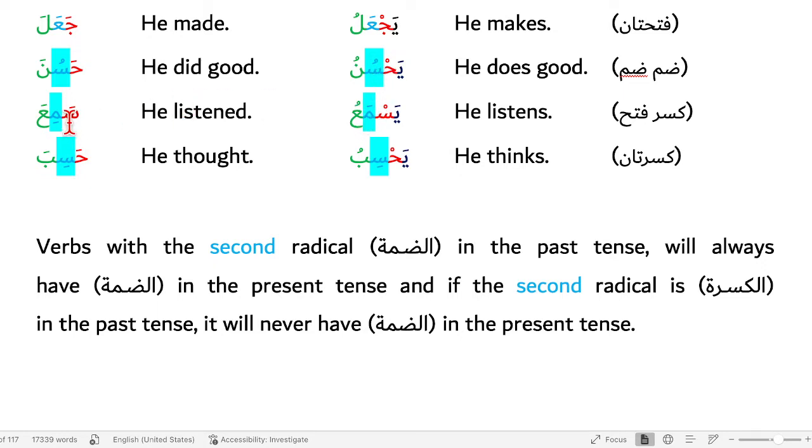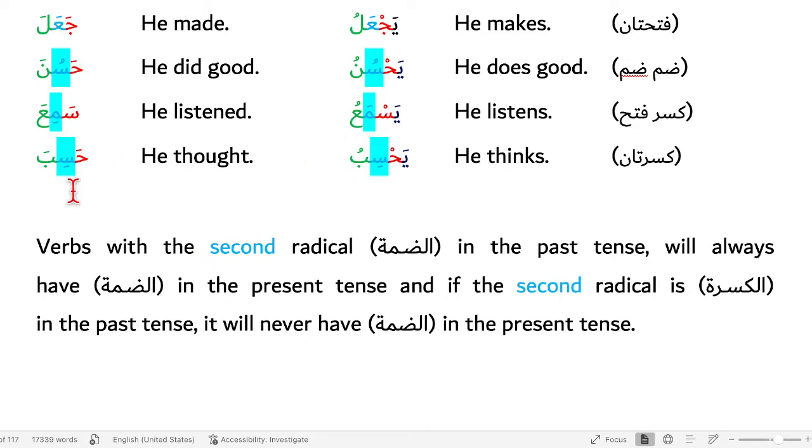So you just need to remember those two things, and then it will be easy if you are trying to guess what the present form of a verb can be. Samiya yasmau, in this case it is kasra fatha; hasiba yakhsibu, kasra.